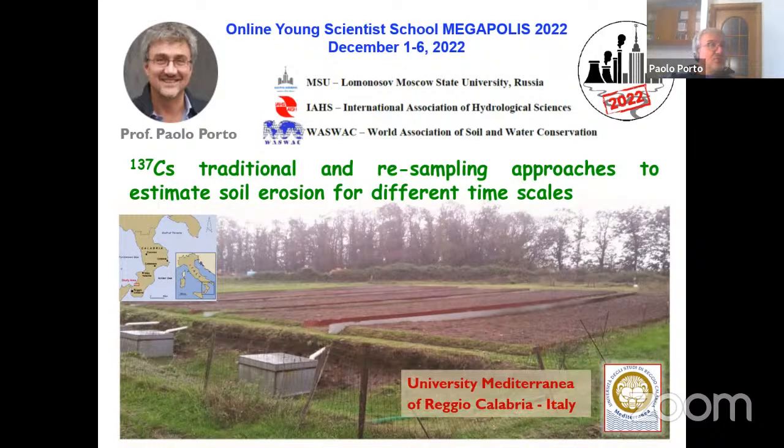Today, I'm going to talk about soil erosion, and more specifically, I'm going to talk about the technique which is based on the use of cesium-137, which is a radio tracer. And I'm going to talk about two kinds of approaches that make use of this radio tracer.